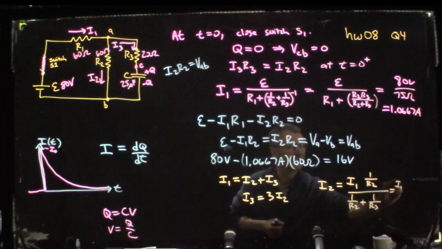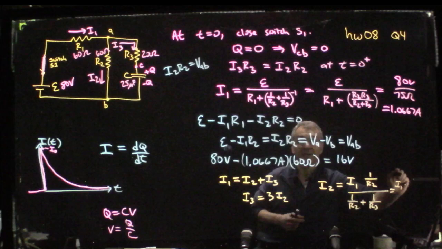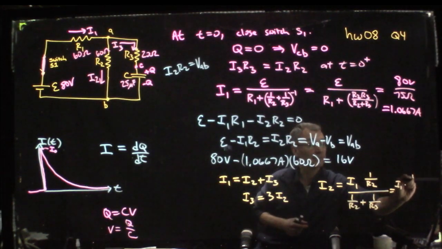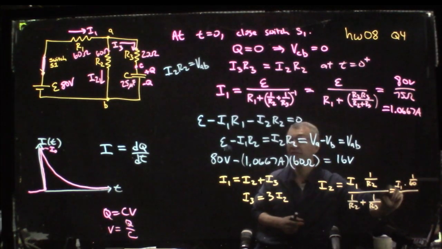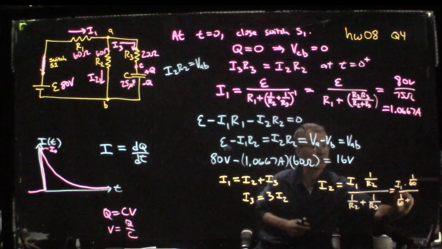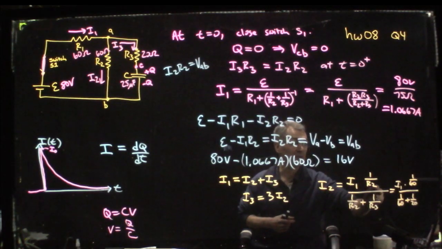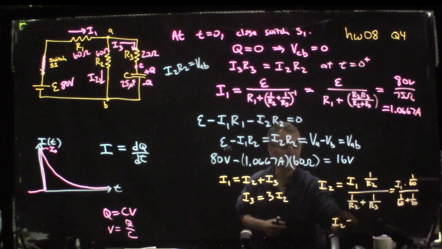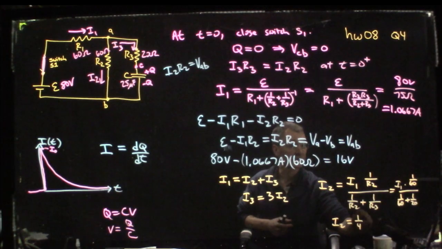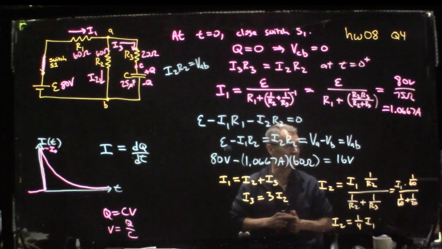So this is I1 times 1 over 60, and I'm going to just cancel out the ohms, over 1 over 60 plus 1 over 20. If you do that math, it's a 3-to-1 ratio, so I2 must be 1/4 of I1. So if we actually worked this out, this would be the same as 1/4 of I1.